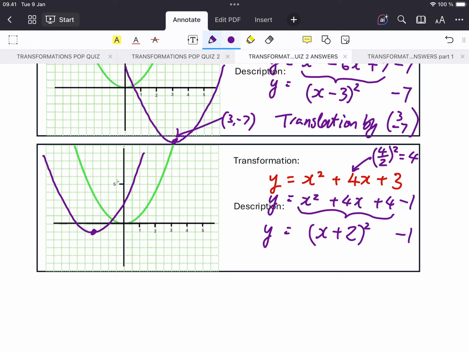So it's going to have an apex here at the coordinate minus 2, minus 1, and then the whole thing is a translation by the vector minus 2, minus 1, written like that, to say that it's gone 2 back and 1 down.